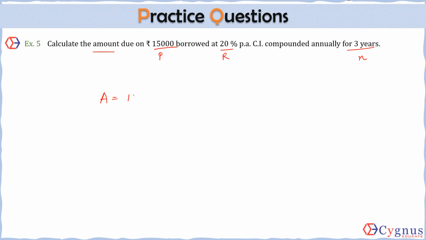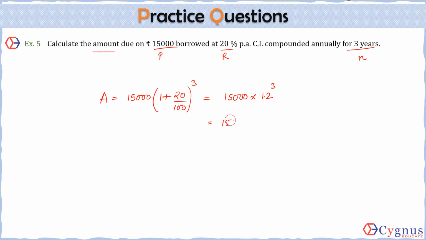Amount is equal to principal, that is 15,000 into 1 plus the rate of interest, 20 divided by 100. It was borrowed for how many years? I'll say 3. So effectively, what do we get here? 15,000 into 1.2 raised to the power 3.